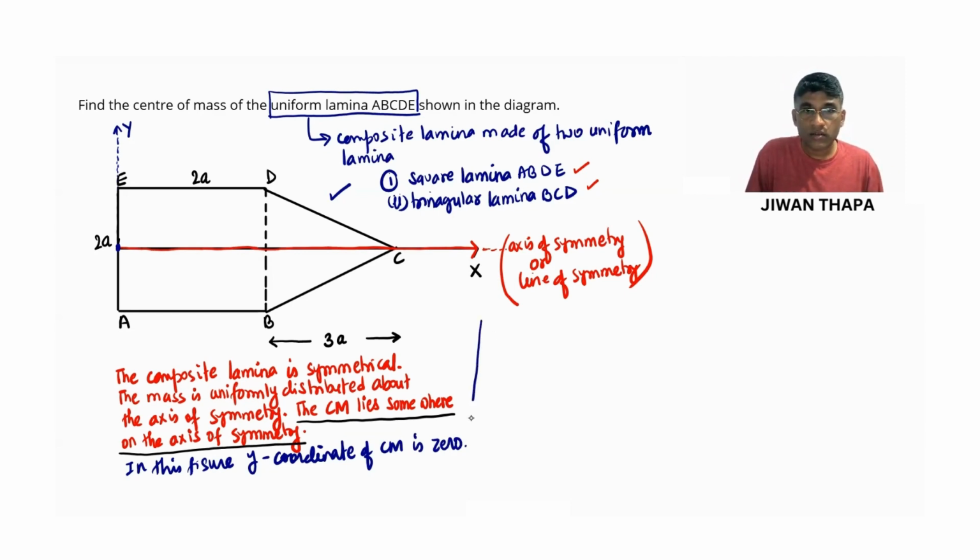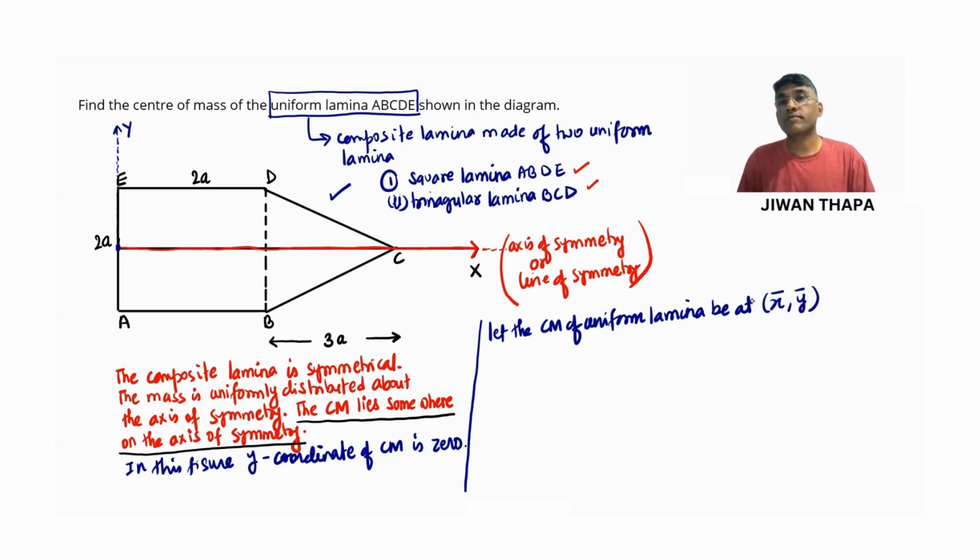So let the center of mass of the uniform lamina be at this coordinate. As I said earlier, the y coordinate is 0, so we can write this equals x bar, 0.